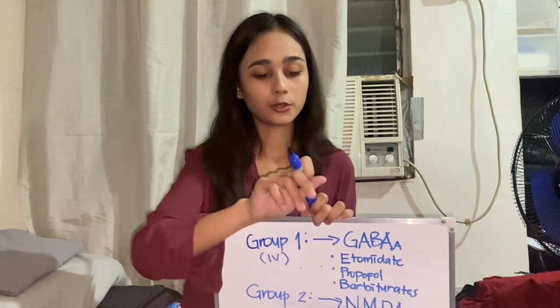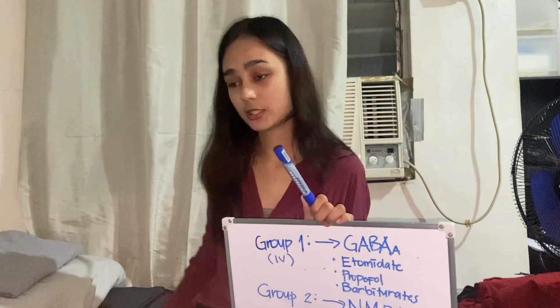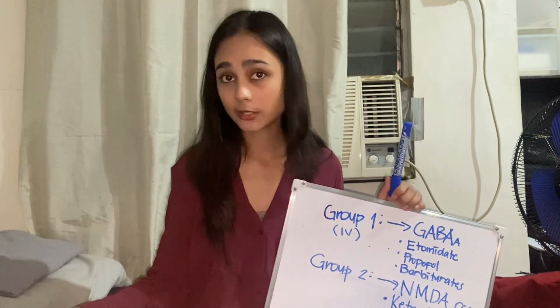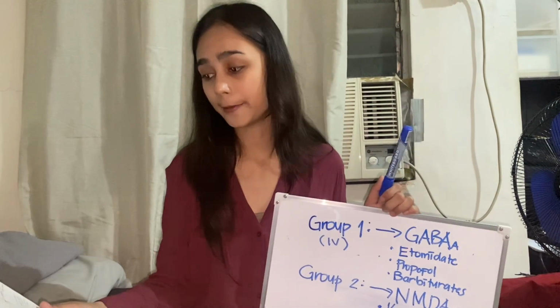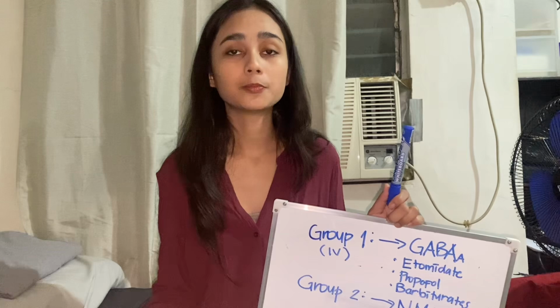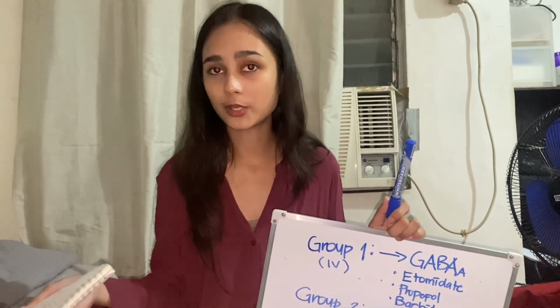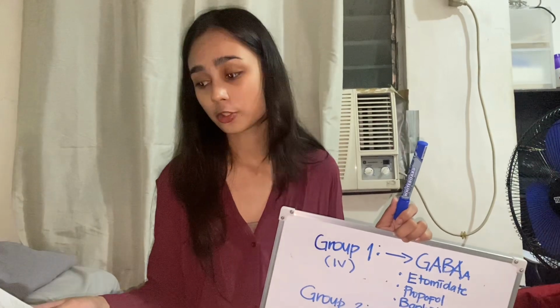So let's talk about the mechanism of action of this. The NMDA receptor is located in the spinal cord, and it uses the glutamate neurotransmitter, which is known as the excitatory neurotransmitter.